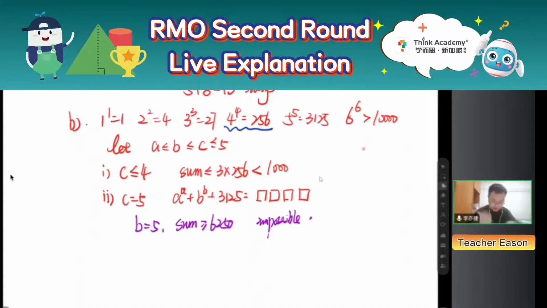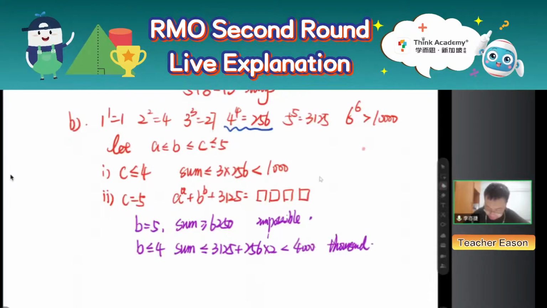So B is not 5. However, if B is less than or equal to 4, the sum is at most 3125 plus 256 times 2, still smaller than 4000. So the thousands digit of the sum must be 3.